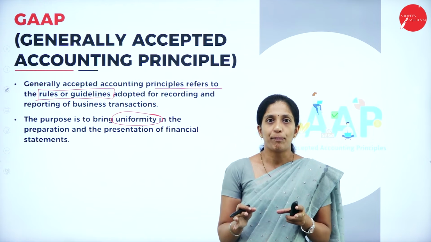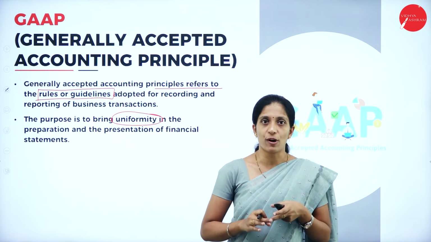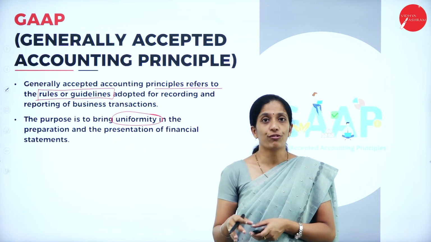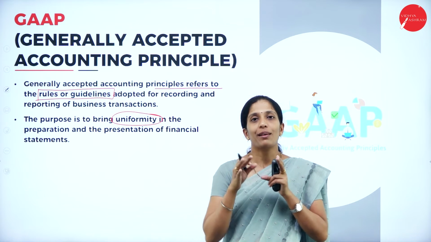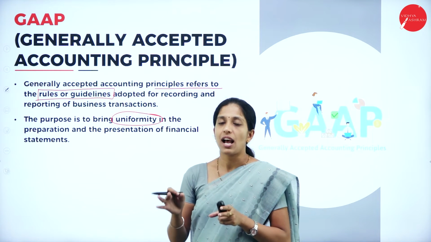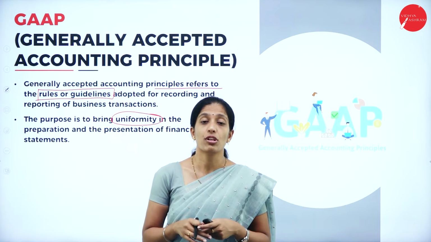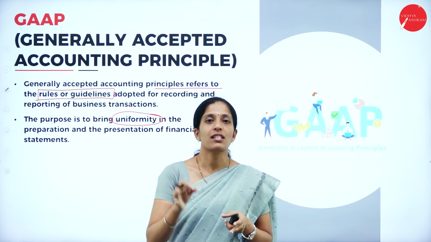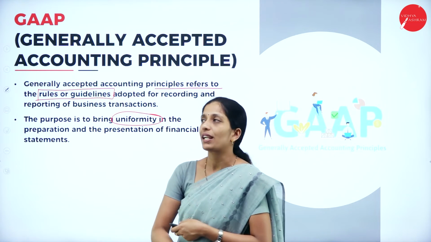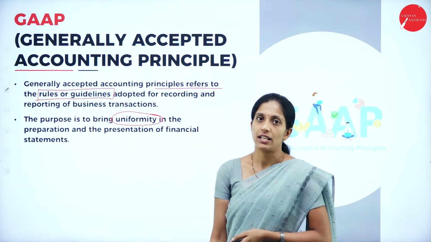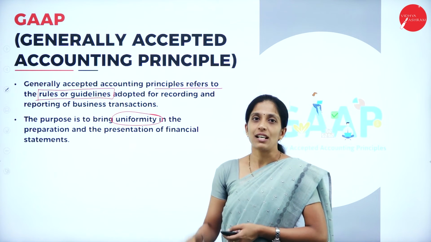Then only can we compare, or else the comparison is not possible. So in order to bring uniformity in the preparation of financial statements and the reporting of the financial position to the users, this GAAP has been introduced. Hope you are clear with this GAAP.